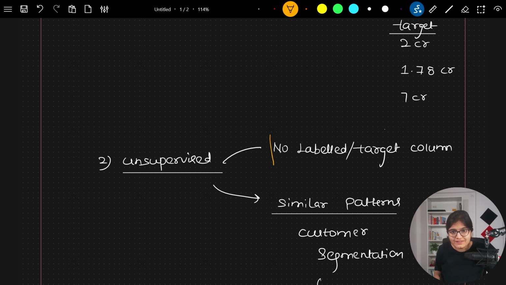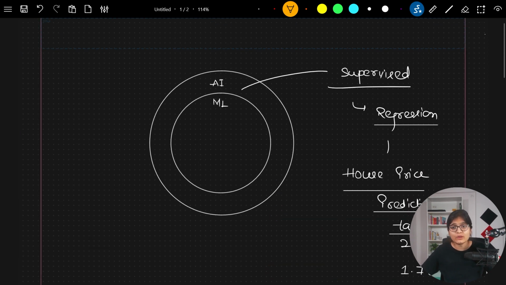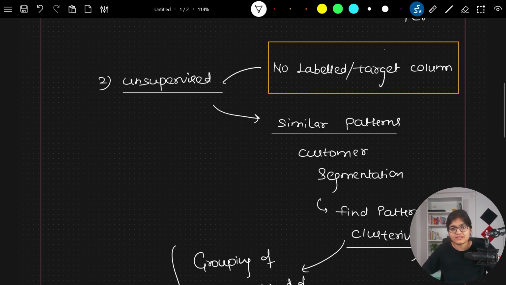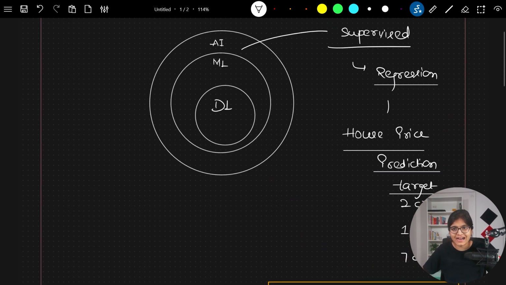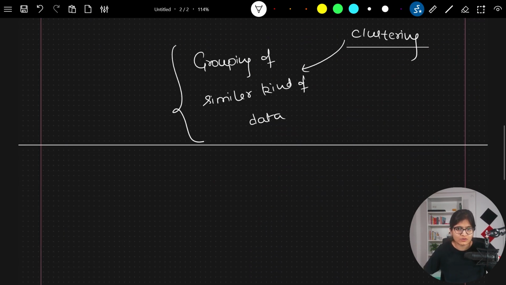The important thing is that here we don't have any labeled or target column, just like we have in supervised, right? Now, apart from this, there is a third important type that we have. The first one we have understood as supervised, the second as unsupervised. The third one is reinforcement learning.